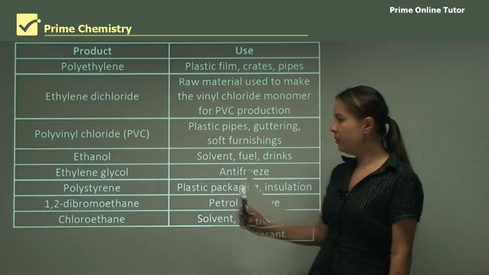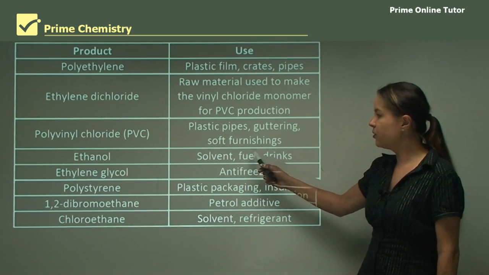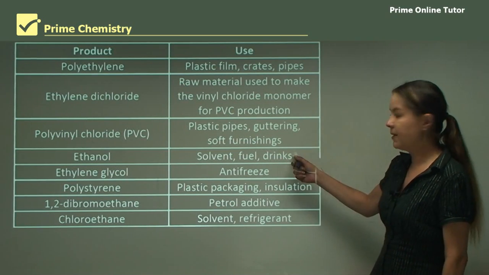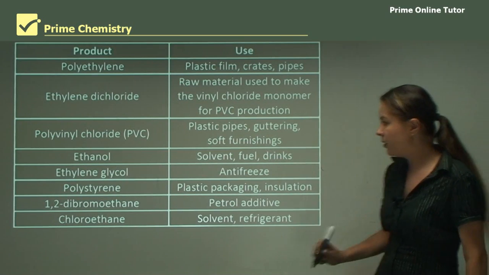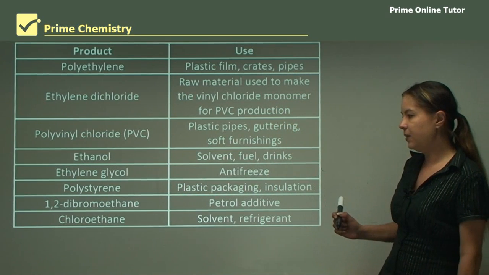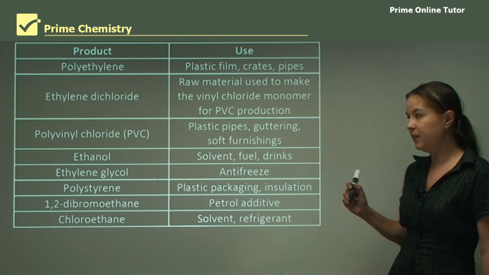We looked at ethanol. Now ethanol is a solvent, an organic solvent. It's also put into fuel and it's also used as a drink, in alcoholic drinks. We also looked at ethylene glycol, which is used as an antifreeze, polystyrene for plastic packaging and insulation.